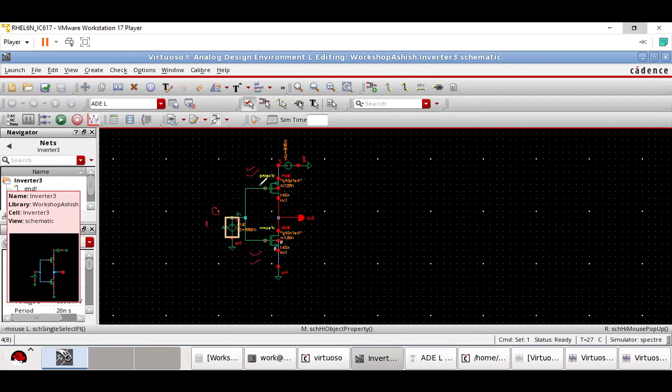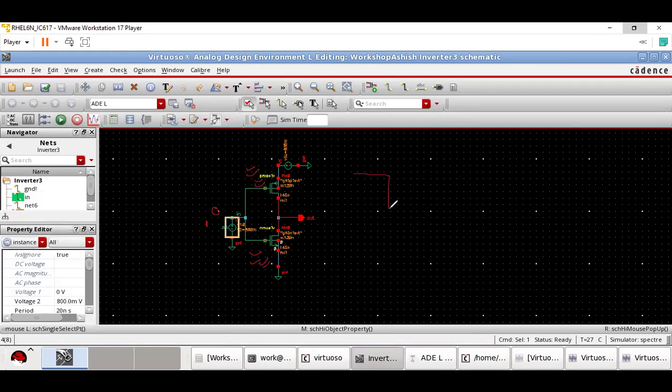When you give 1 from here, this turns off, this turns on. We have seen this.